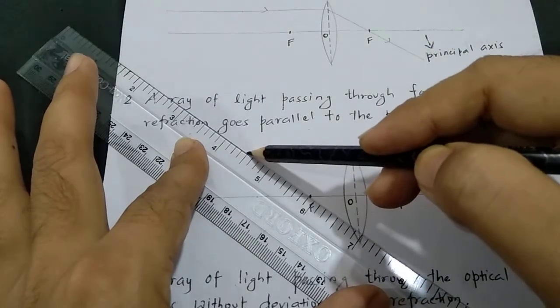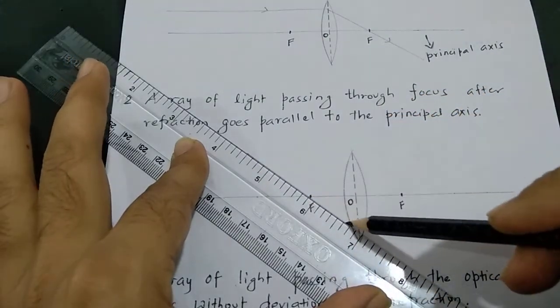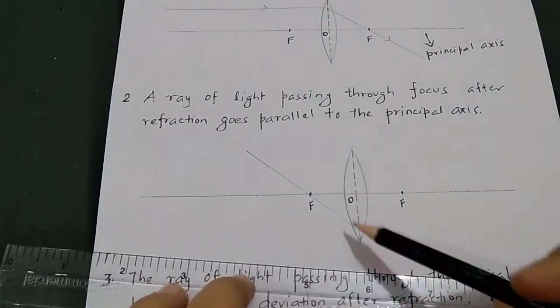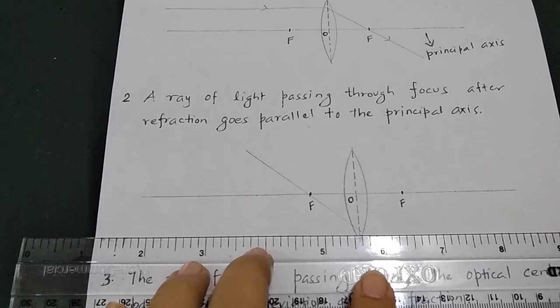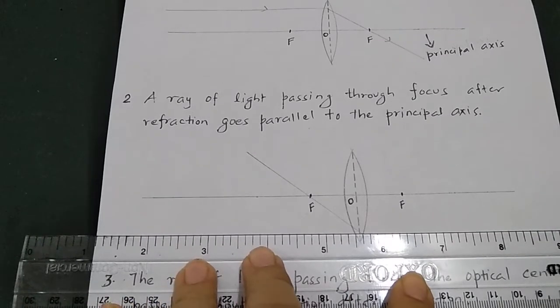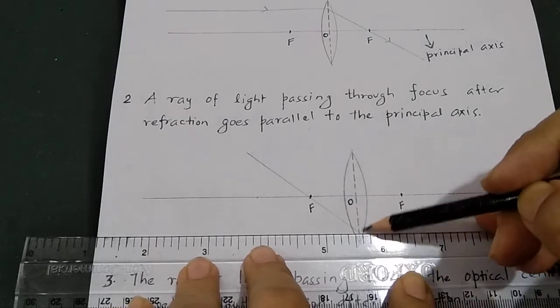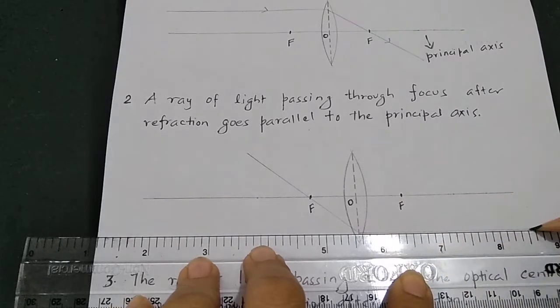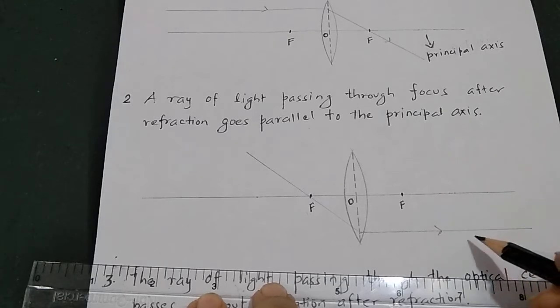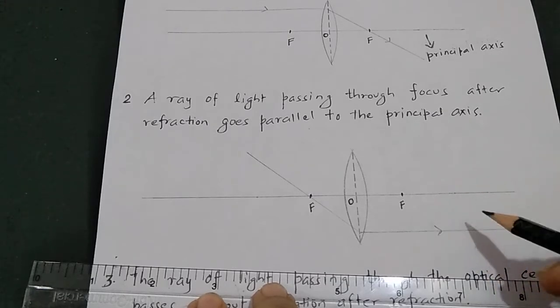The ray we draw must pass through the focus and strike this part of the lens. After refraction it goes parallel to the principal axis, and we set our measuring scale this way. This is our principal axis, and the ray of light is passing parallel to it.